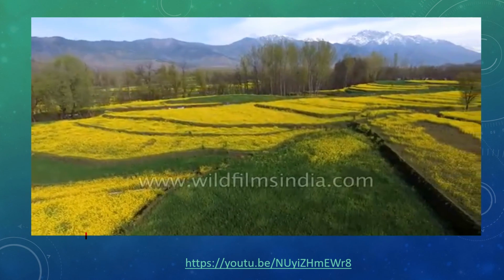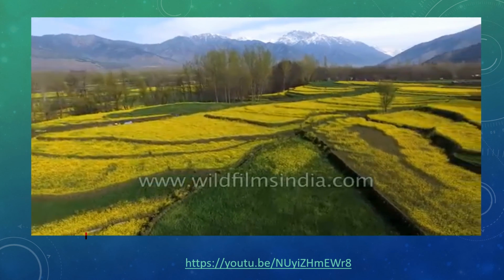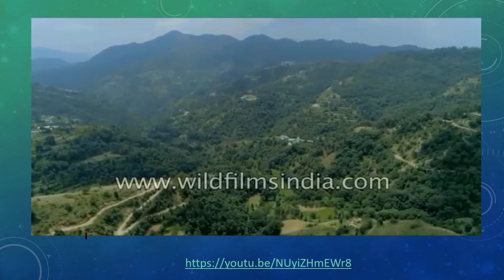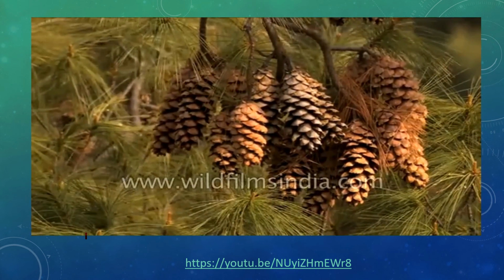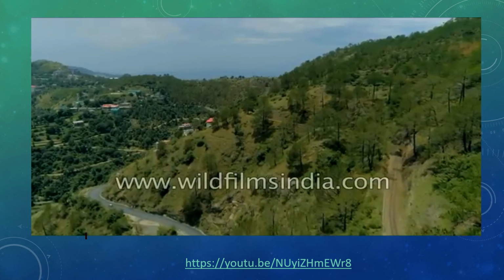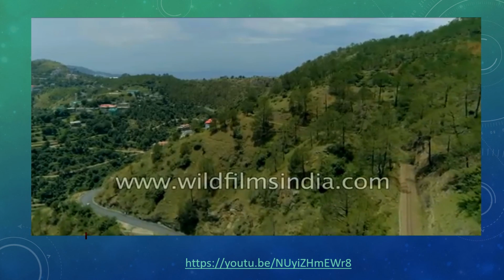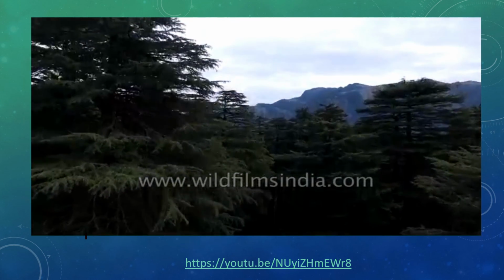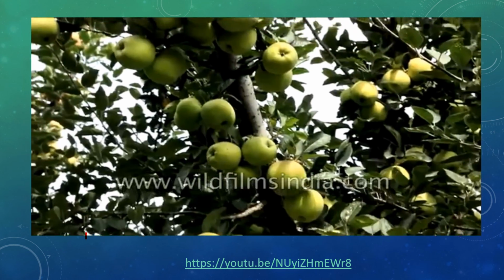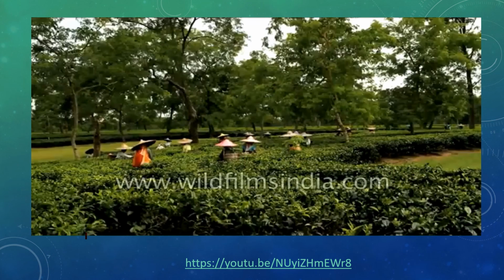This region is well suited for growing crops. The thick forests of the Middle Himalayas consist of trees such as pine, oak, fir, walnut, spruce, and juniper. These trees are useful to us in many ways. This range is also famous for apple orchards and tea plantations.